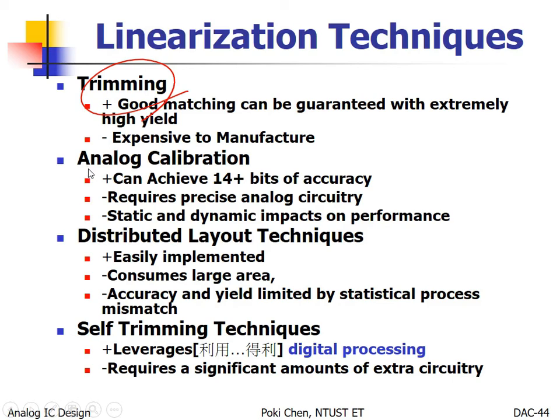Really expensive. For example, for the R string, what does it mean for trimming? After fabrication, everybody doesn't get the same resistance, right? So you need to measure one by one. How to measure?